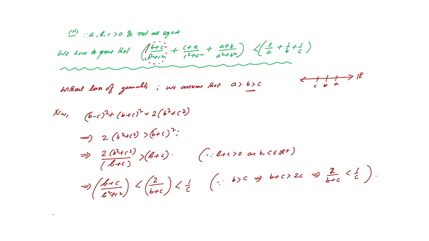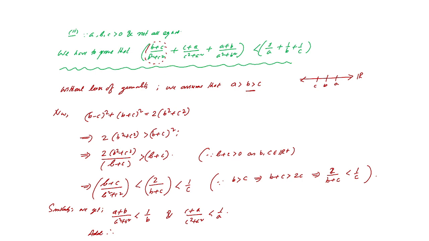So in a similar way, if we think about A minus B whole square plus A plus B whole square, in that case similarly we can prove that (A plus B) by (A square plus B square) is less than 1 by B, and (C plus A) by (C square plus A square) is less than 1 by A. Just we add all these inequalities. What will we get?